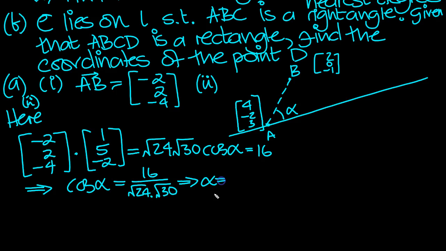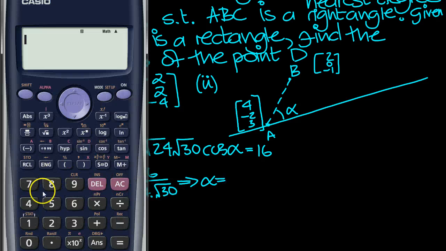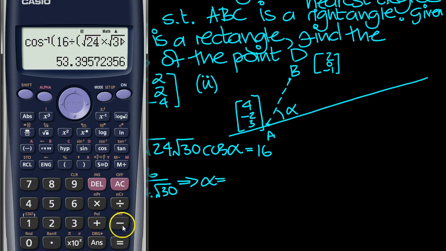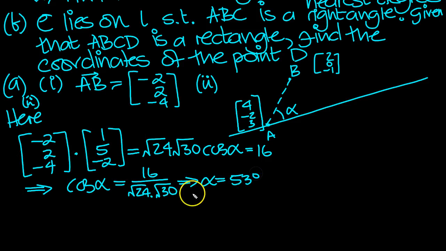Put that in the calculator: shift cos, inverse cos of 16 divided by bracket square root of 24 times the square root of 30, close the bracket. That gives 53 degrees to the nearest degree.